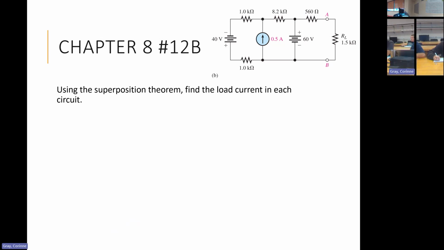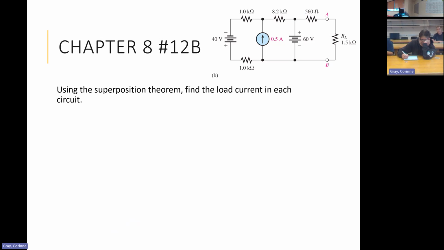One current source, yes. Just make sure you have all your sources.